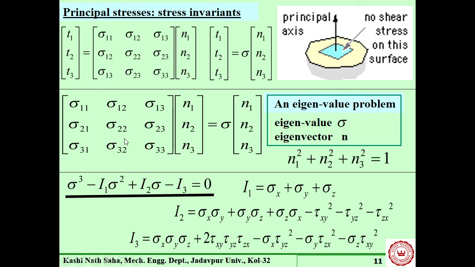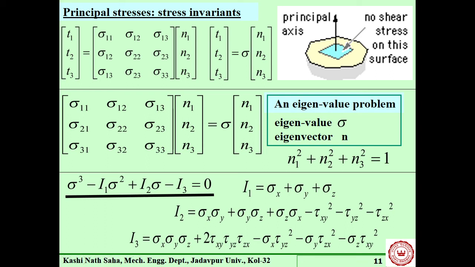So for a given matrix, as you know, the eigenvalues of this matrix are characteristic of this matrix. So these coefficients are also characteristic for this given state of stress matrix, and they need to be invariant. Their value cannot change. In this equation, this coefficient value should remain unchanged if we deal with this particular matrix.